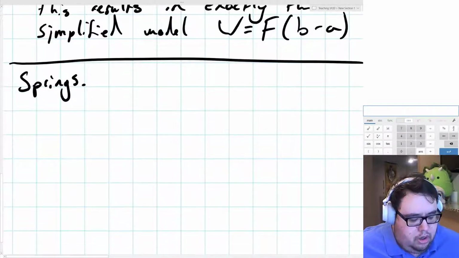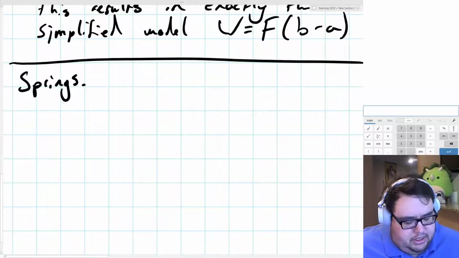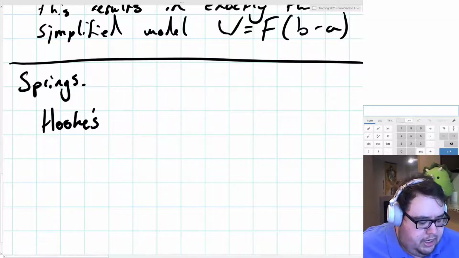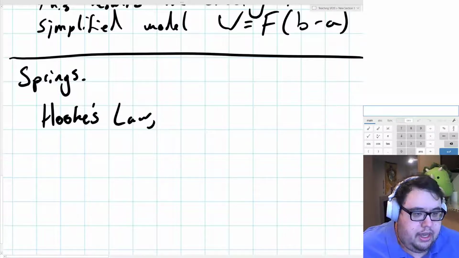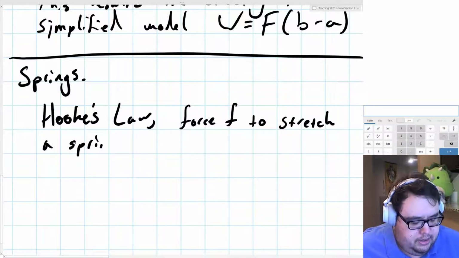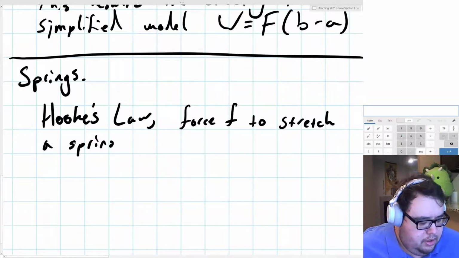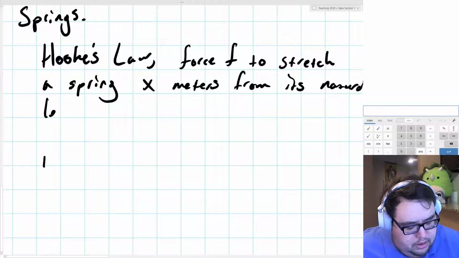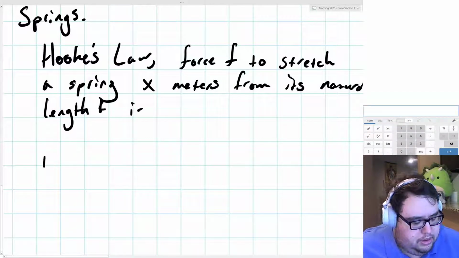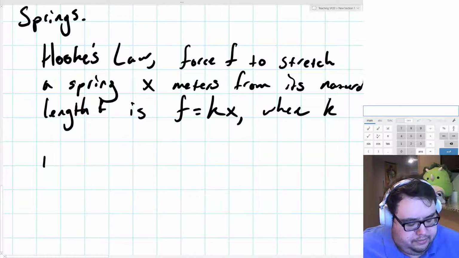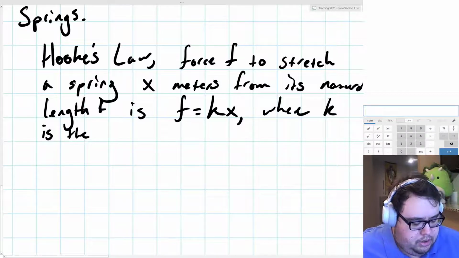The force done by a spring is governed by something called Hooke's law, which says that the force F to stretch a spring x meters from its natural length is F equals kx, where k is the spring constant.